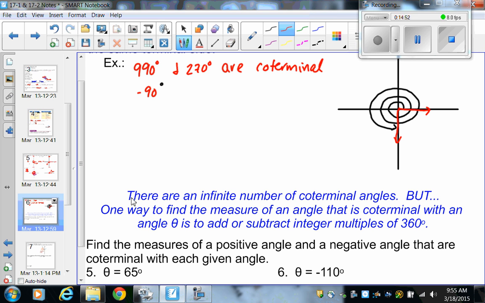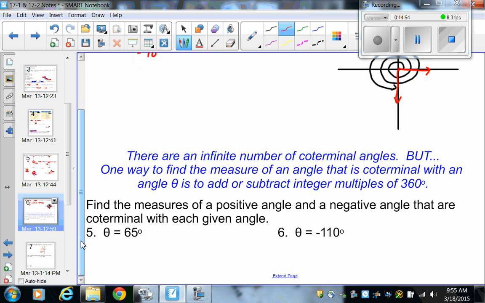So, for example, on number 5, we want to find a positive angle and a negative angle that are coterminal to each. So for 65 degrees, the easiest way to find your smallest positive and largest negative angle is just to add and subtract 360 degrees.